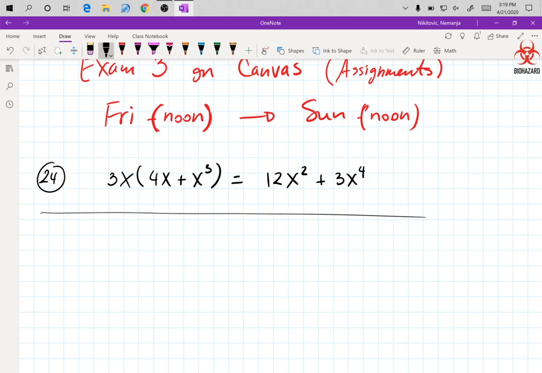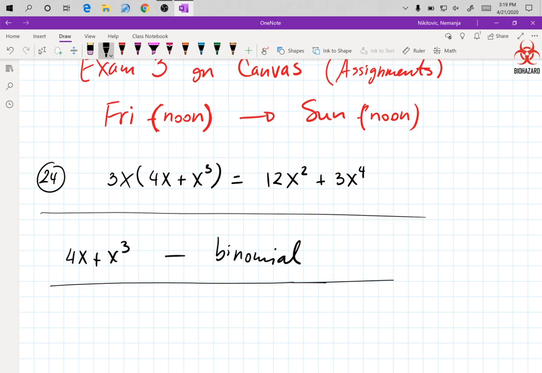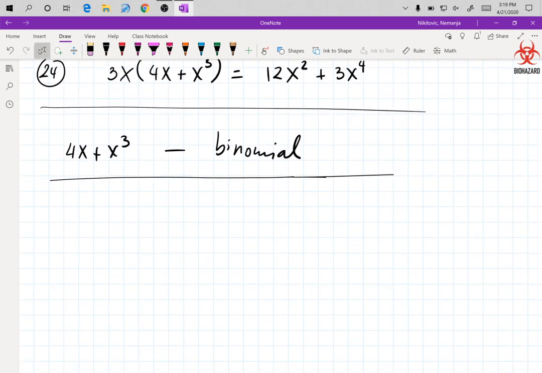So a problem like this, 4x plus x cubed, would be called a binomial. That's another thing that you can be asked to do, to just write the name of it.